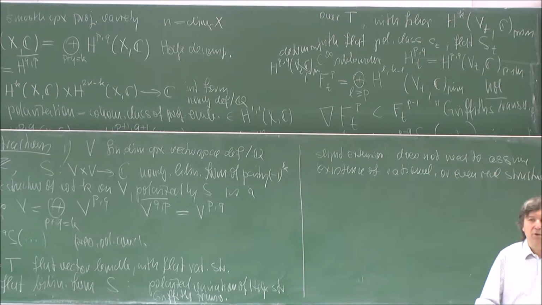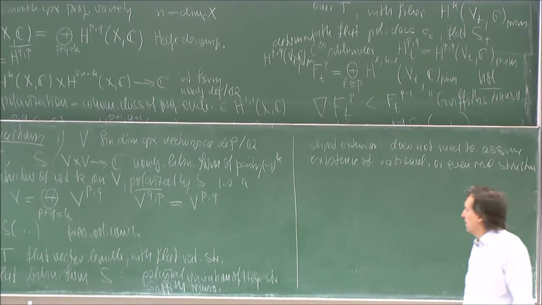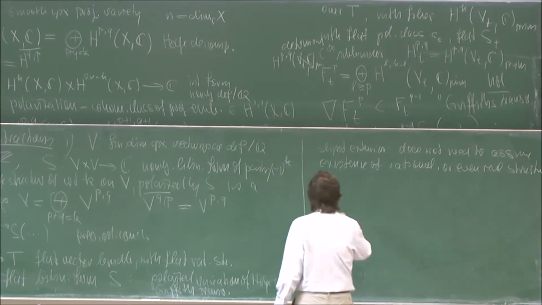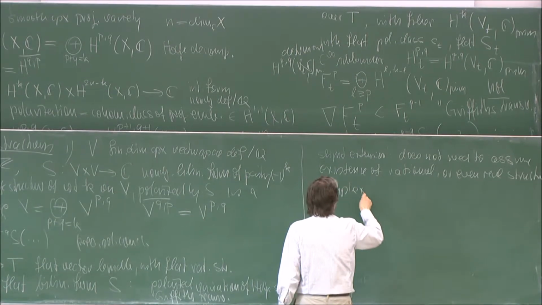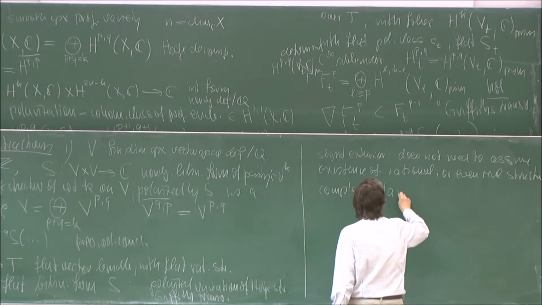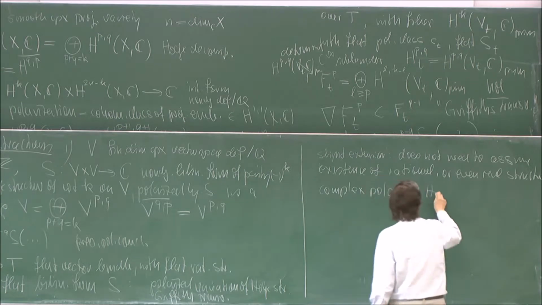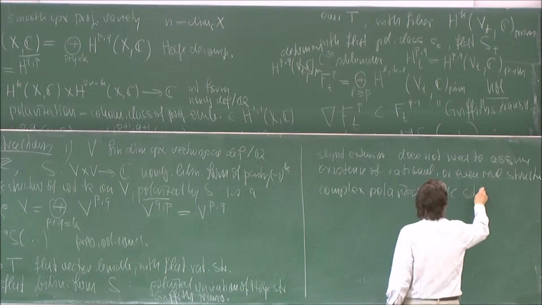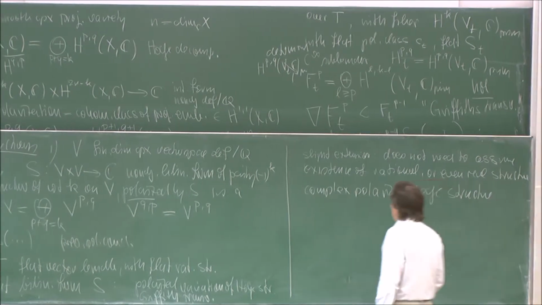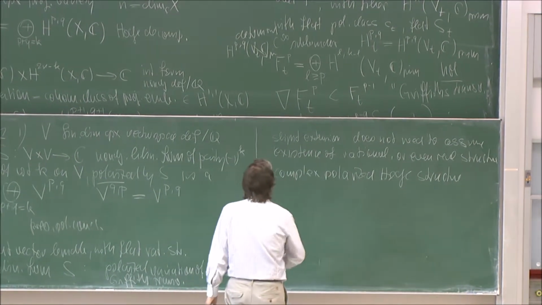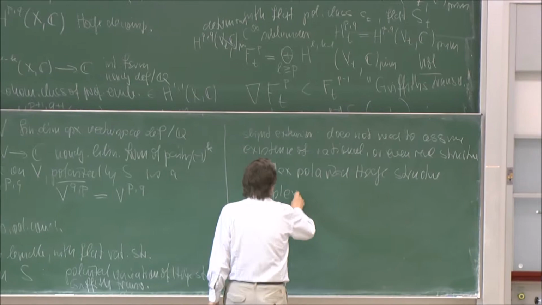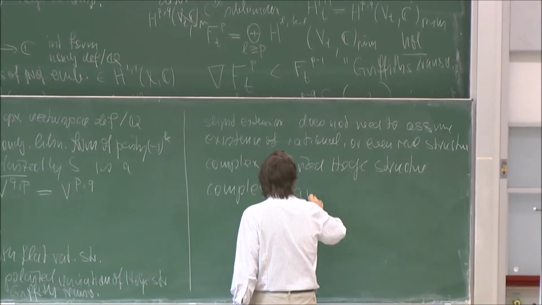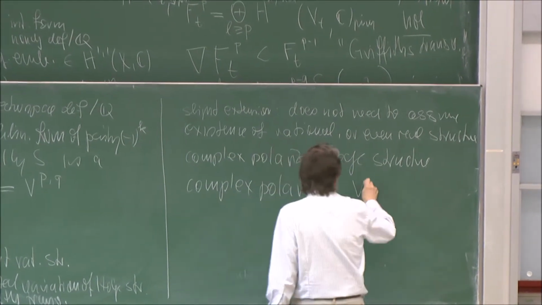So that's going to be important for what I'm going to say later. So that means that one has the notion of a complex polarized Hodge structure, and the notion of a complex polarized variation of Hodge structure.